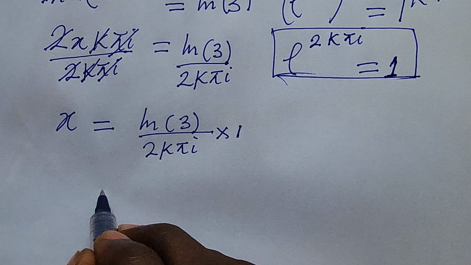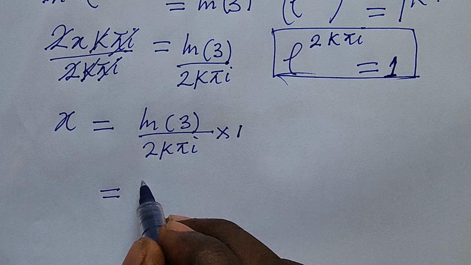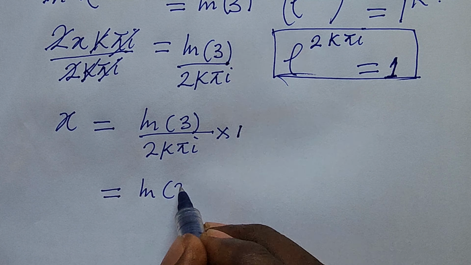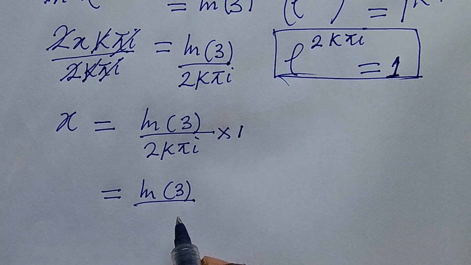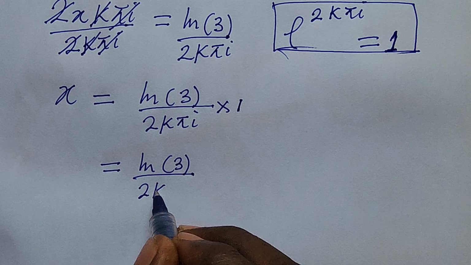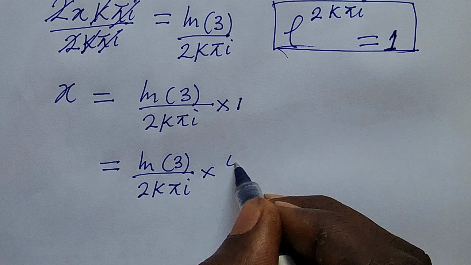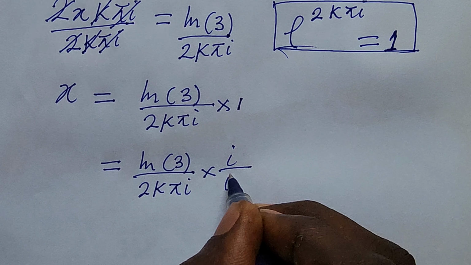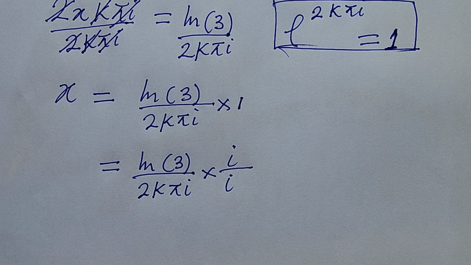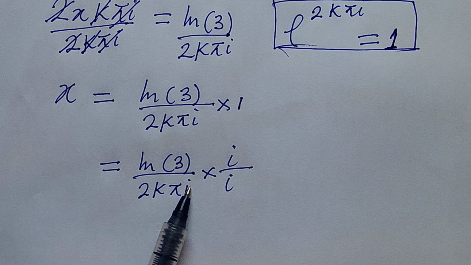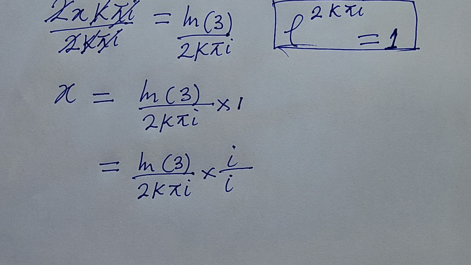And so we can rewrite this as ln of 3 all over 2k pi i, times i all over i again. If we use this i to multiply this i, that will give us i to the power of 2.